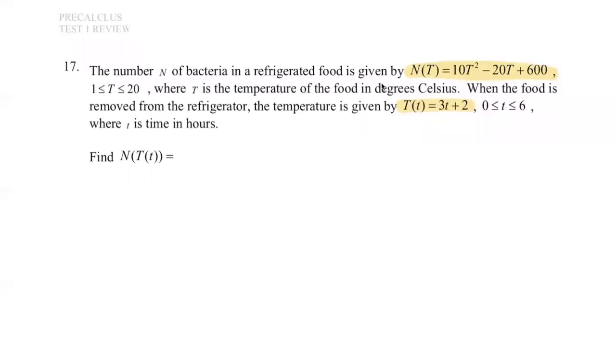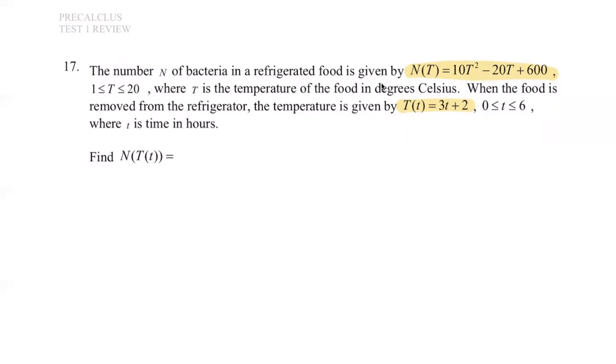If you take the food out, the temperature is going to go up, and at the same time we would also anticipate the number of bacteria to grow, and this growth could be rapid. Chances are it's not going to be linear.